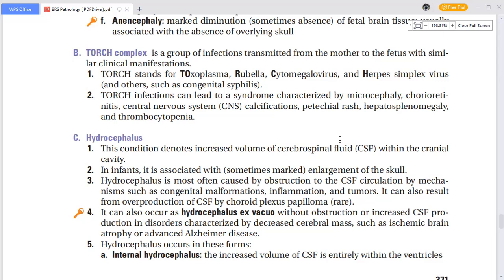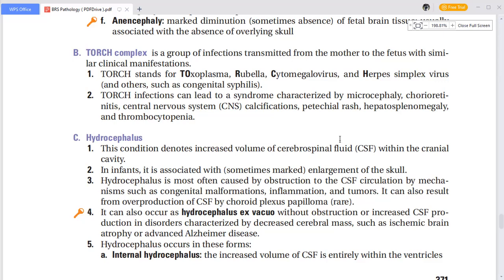Those granulations are responsible for absorption of CSF, and they are connected to the blood vessels, the cerebral sinuses, sagittal sinuses, transverse sinuses. They interact with those sinuses so that there is continuous absorption of CSF. That is how CSF moves, and that is the most asked question under hydrocephalus.